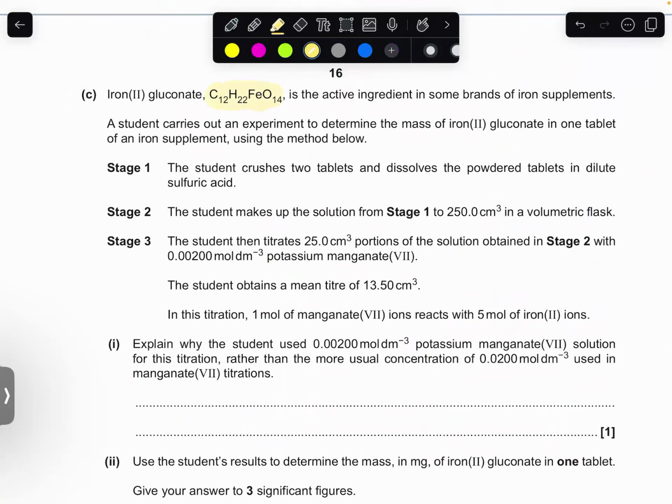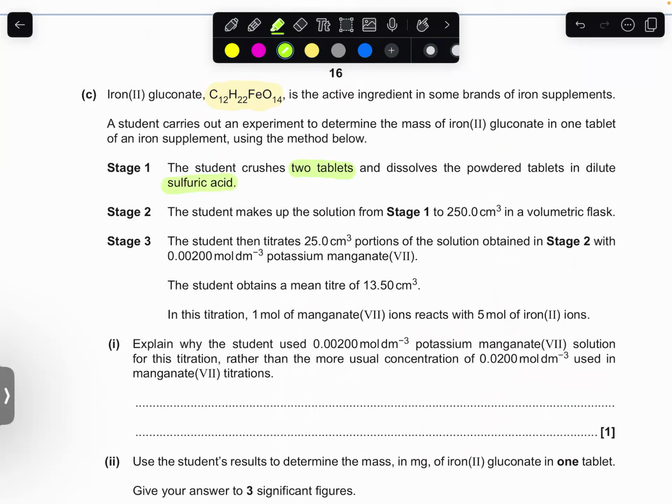The student crushes 2 tablets and dissolves the powdered tablets in dilute sulfuric acid. If you do this practical, it liberates the iron as Fe2+ ions. The student makes up the solution from stage 1 into this total volume.